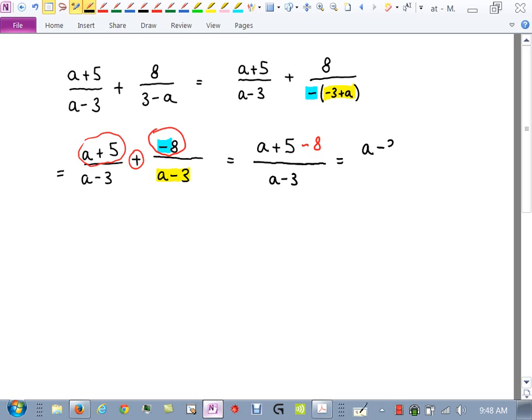A minus 3 over A minus 3, and then this is 1. Because anything divided by itself is 1, right? They cancel out, basically. You can look at it as this over this, and they're exactly the same, and they cancel out.